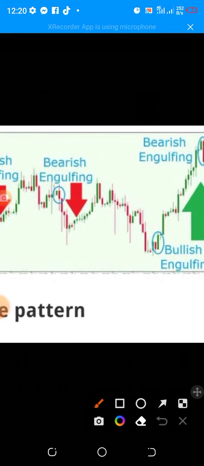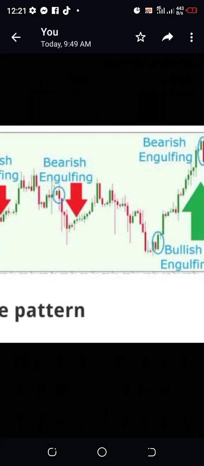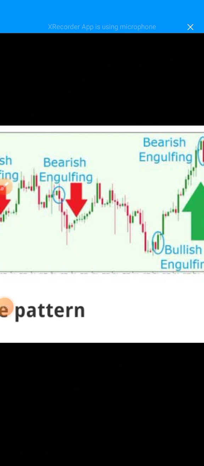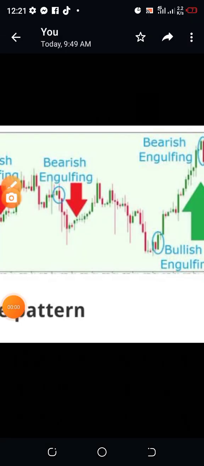A bearish trend is when the market is going down, from here to here. That is what we call a bearish trend.